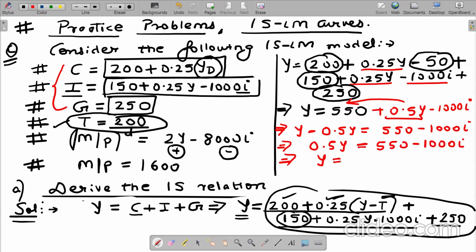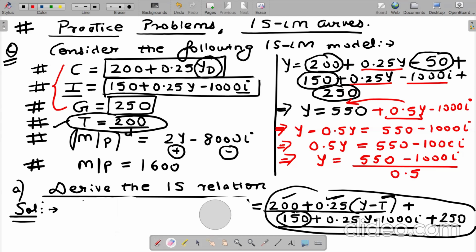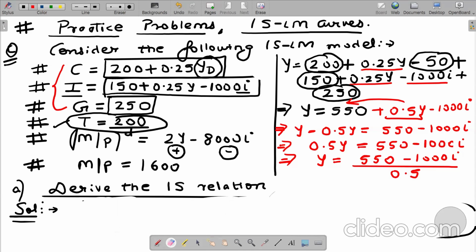So my y is going to be 550 minus 1000i over 0.5, which I can also write like this.